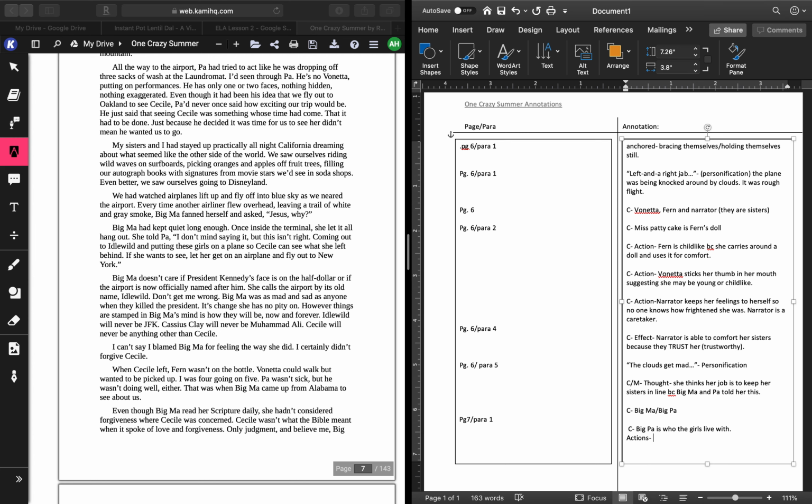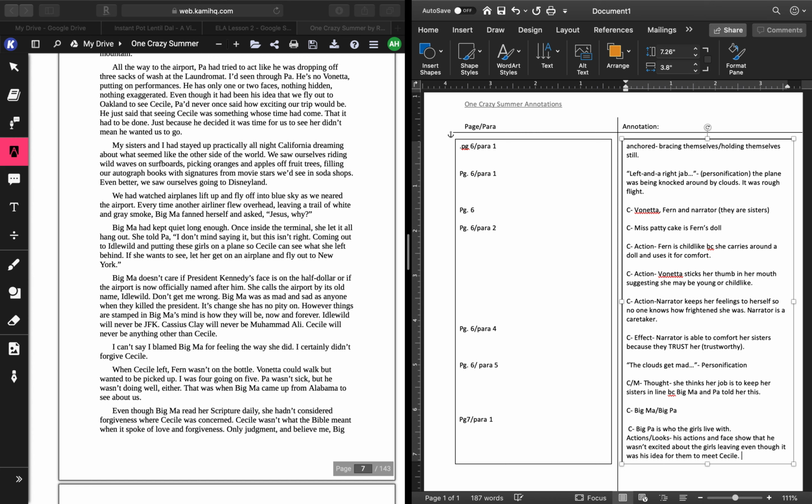So we also learned something about Vonetta putting on performances. And we see that his face showed. So we're going to do actions, looks. His actions and face show that he wasn't excited about the girls leaving, even though it was his idea for them to meet Cecile.